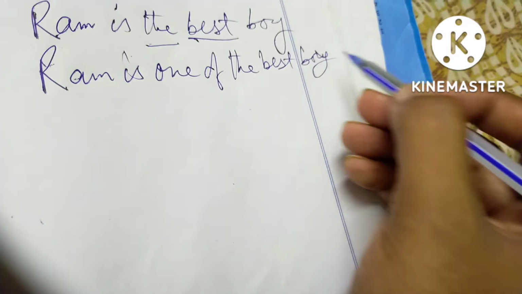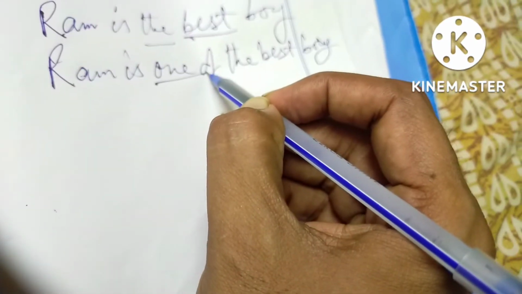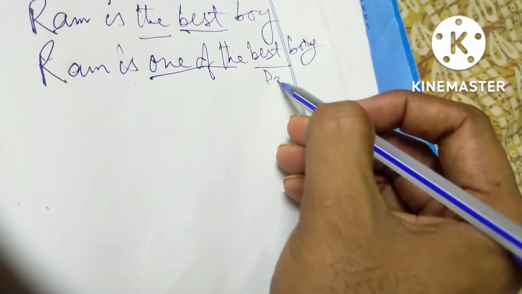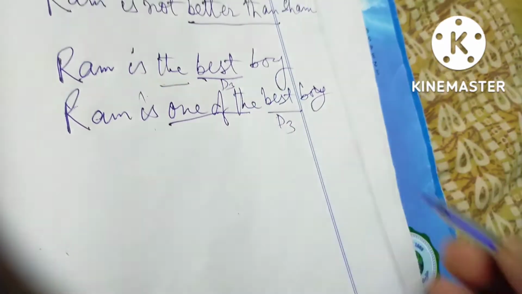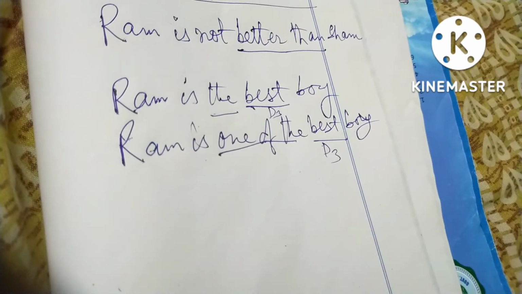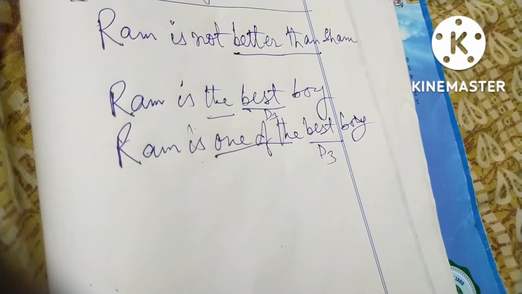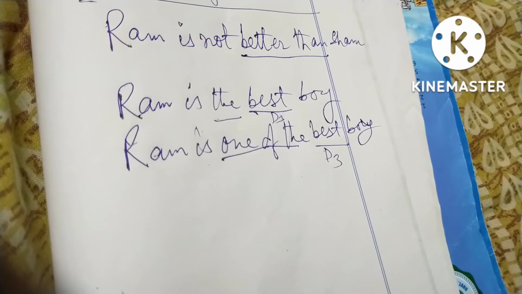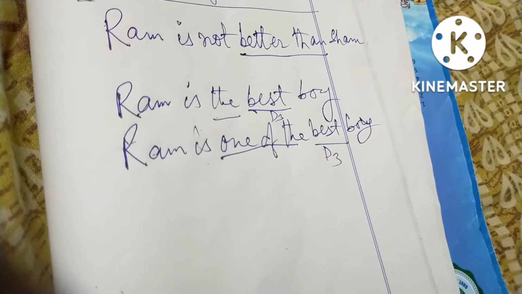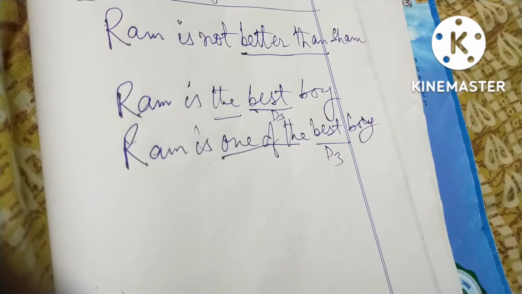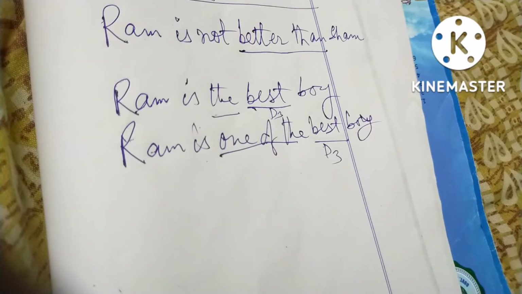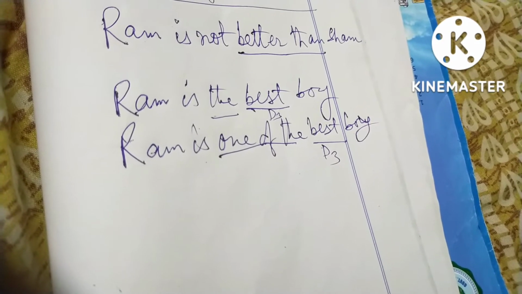Here, one of, look at the form, one of the, before the third form of degree. Now we have to learn how to change positive to comparative and positive to superlative, then comparative to positive, comparative to superlative, and lastly from superlative to positive and superlative to comparative.